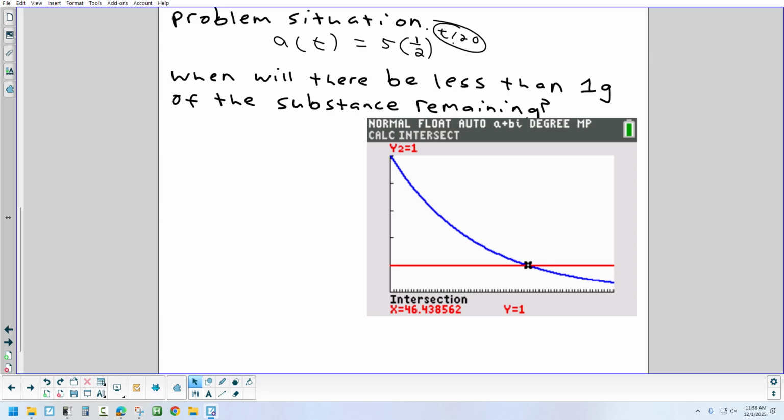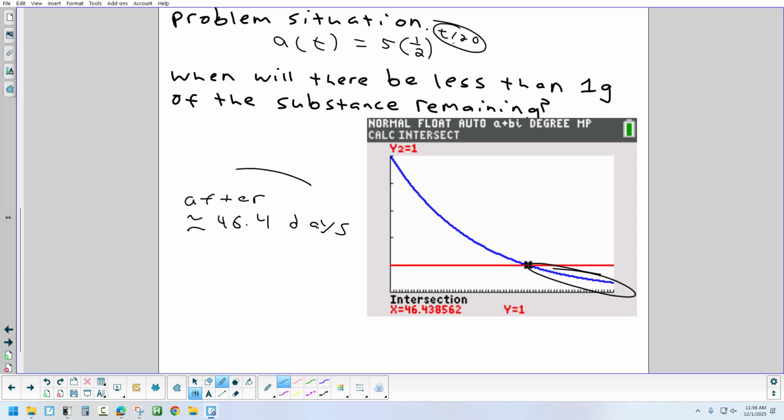Right, you want to be beyond that amount of time. That'll put you in this section right there, where you're under the red line. So when will there be less than 1 gram remaining? After approximately 46.4 days, which is a little more than 2 half-lives.